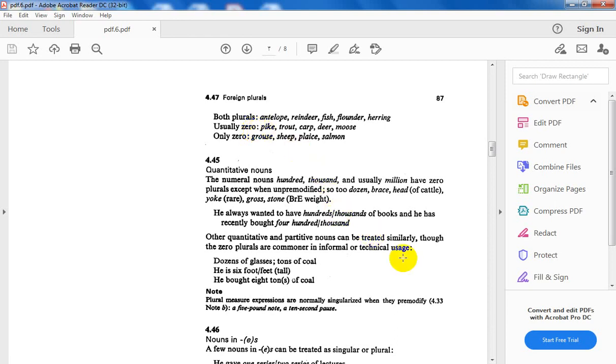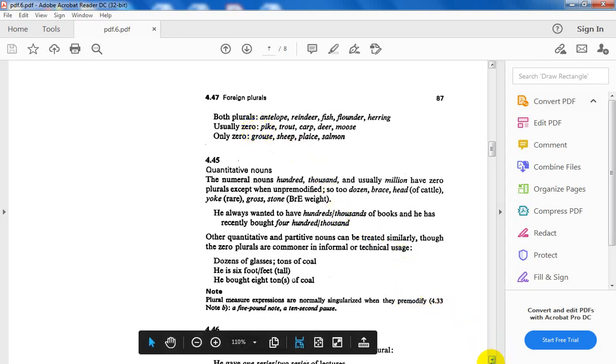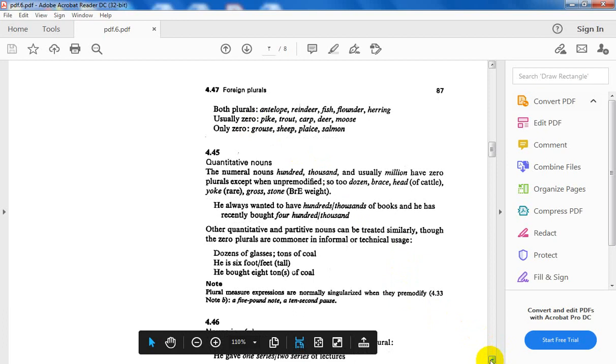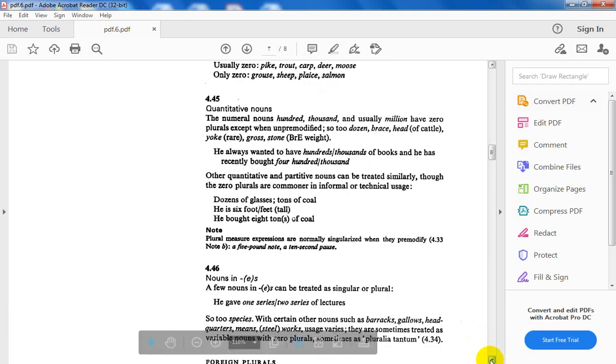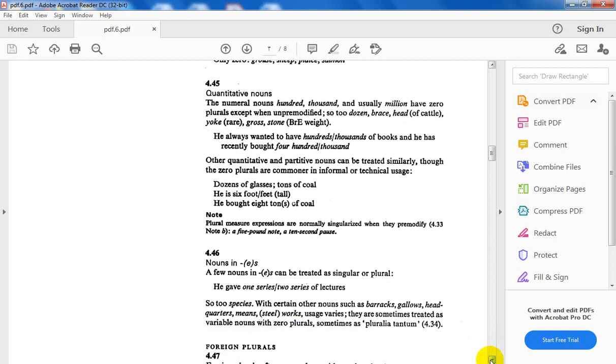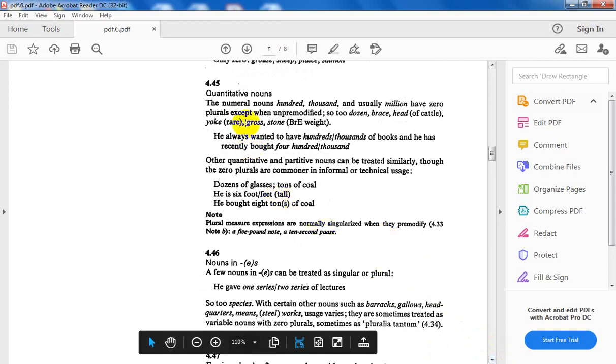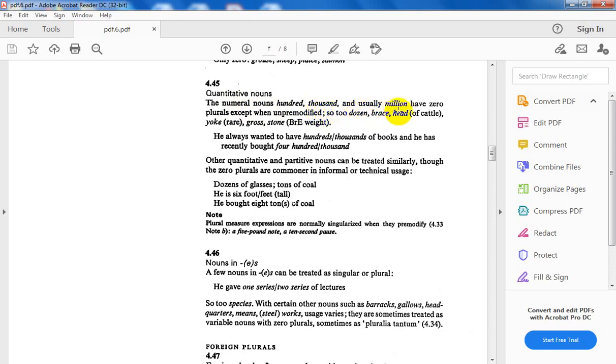Quantitative nouns. Quantitative nouns here means nouns referring to quantity, and how they can be dealt with concerning the plural form. The numeral nouns hundred, thousand, million have zero plural except when pre-modified.